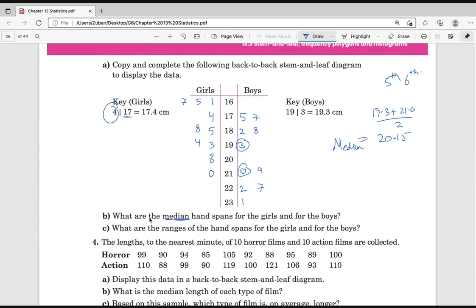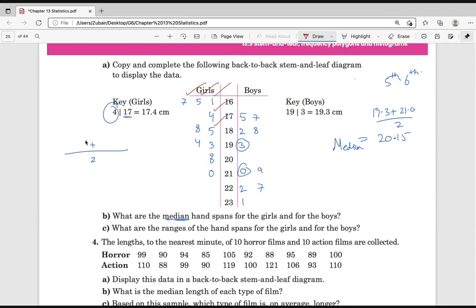And dictate to me the fifth value for girls. What is the fifth value? 18.3. Ali, count them from the start. 1, 2, 3, 4.